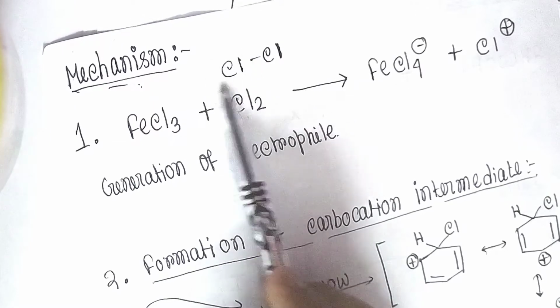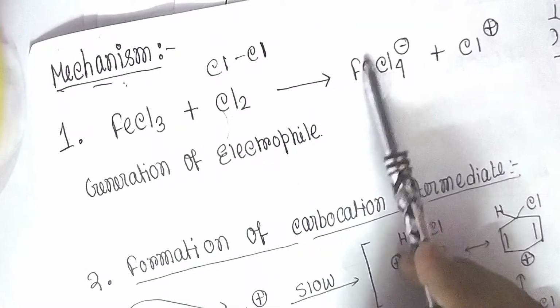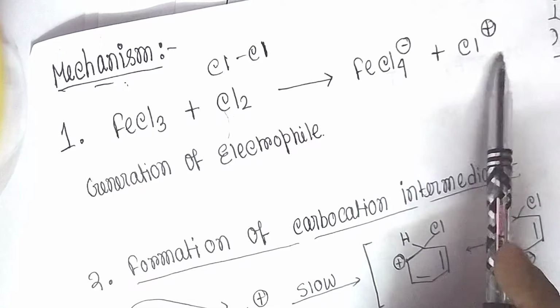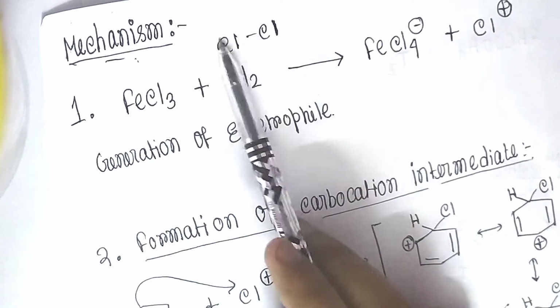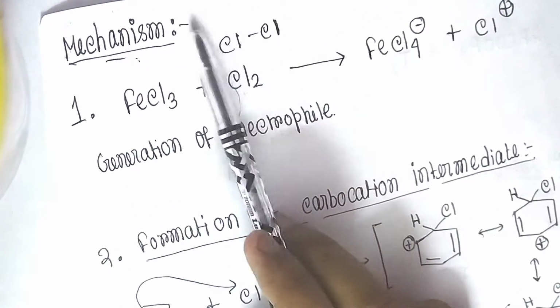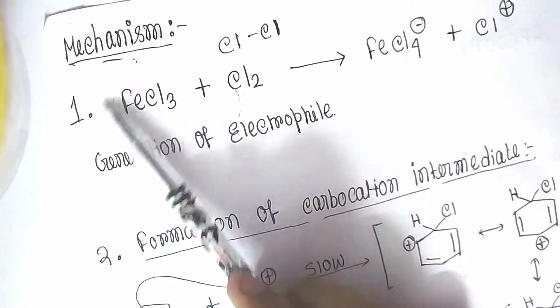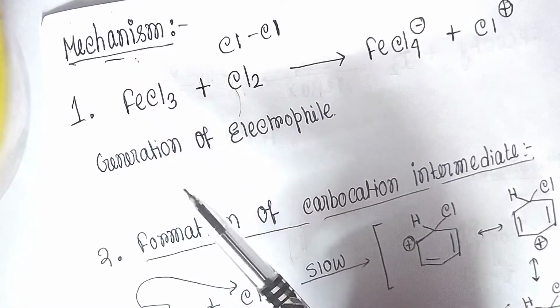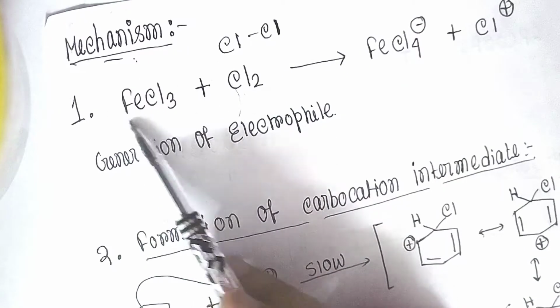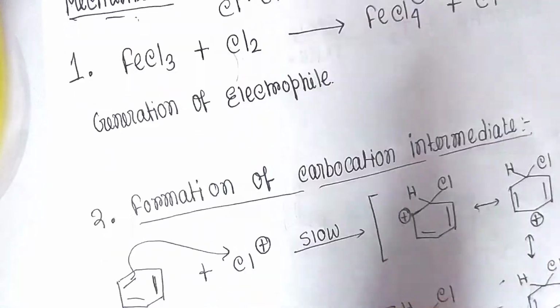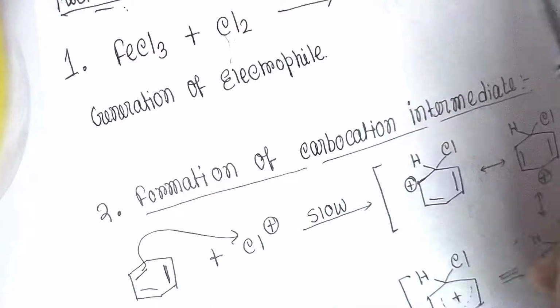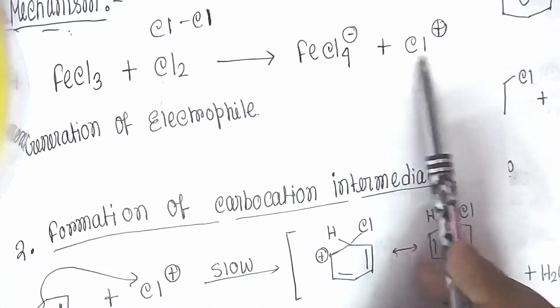Now, this Cl-Cl bond should normally undergo homolytic cleavage, but FeCl3 is the deciding parameter here. It is the driving force which makes the Cl-Cl bond break into Cl minus and Cl plus.